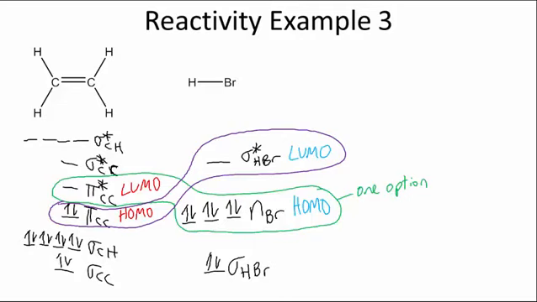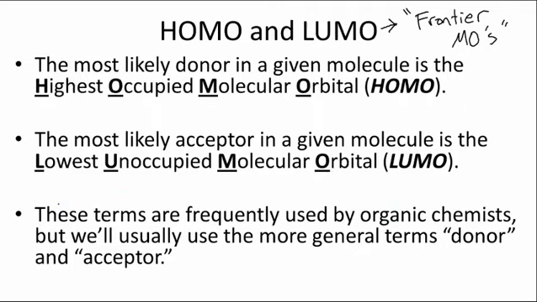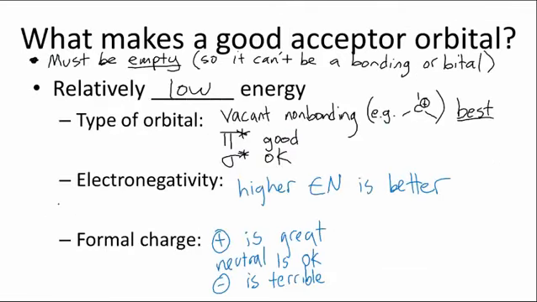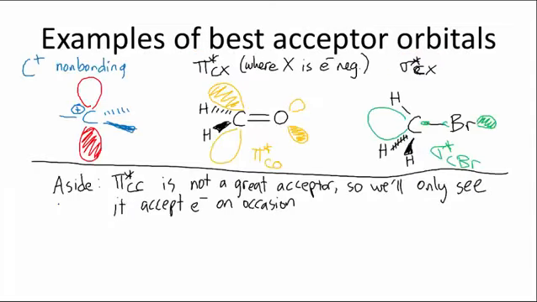This is where some of those hints that I gave you come in. And one of the hints that I gave you is that generally pi star CC is not a great acceptor.